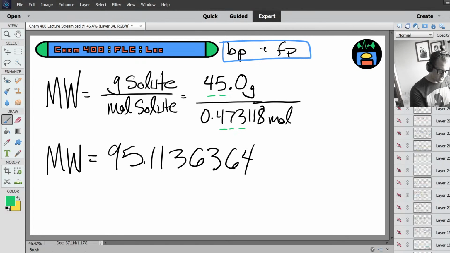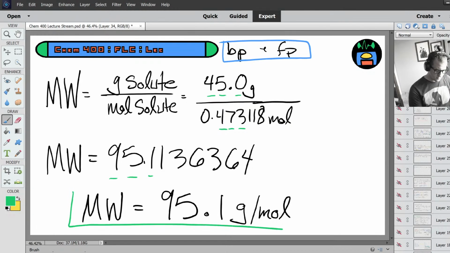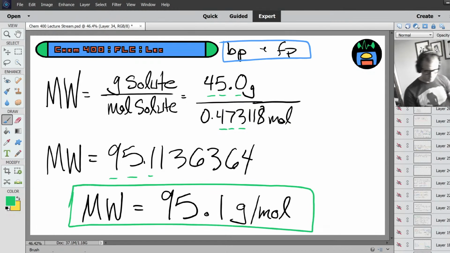Our numerator has 3, so we can keep 3. Our molecular weight is 95.1 grams per mole. All right, and that is our answer.